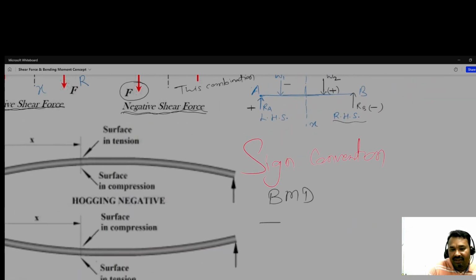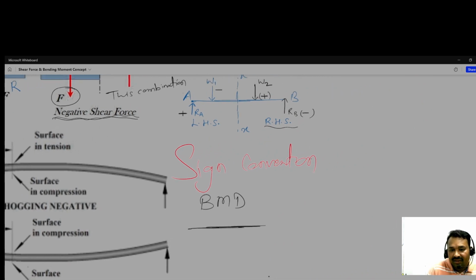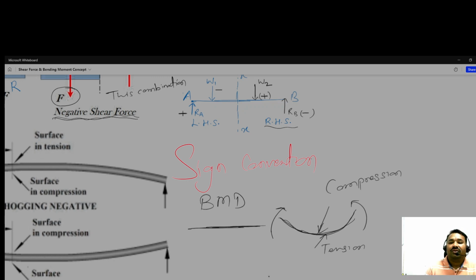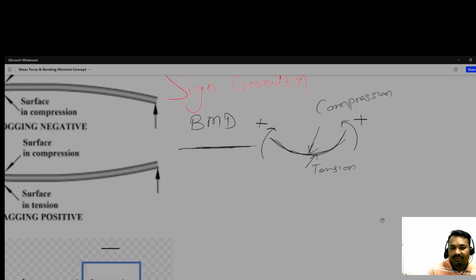like this is the initial beam, and suppose it becomes like this due to this moment. Okay, due to this moment. So this type of curve, now in this type of curve what happens, this outer surface is in tension, this inner surface is in compression. Okay, so this we consider the positive bending moment, and just its opposite.